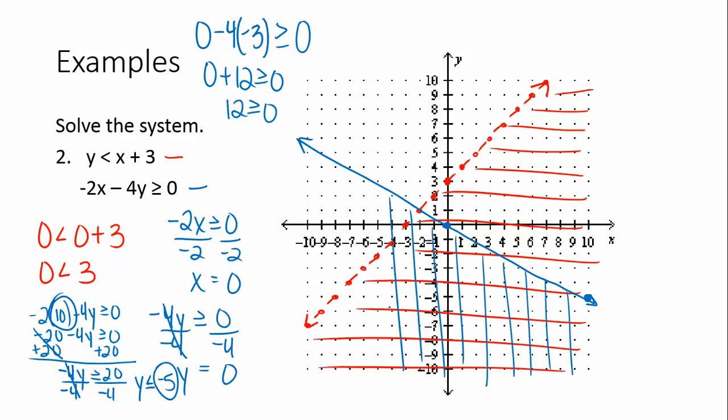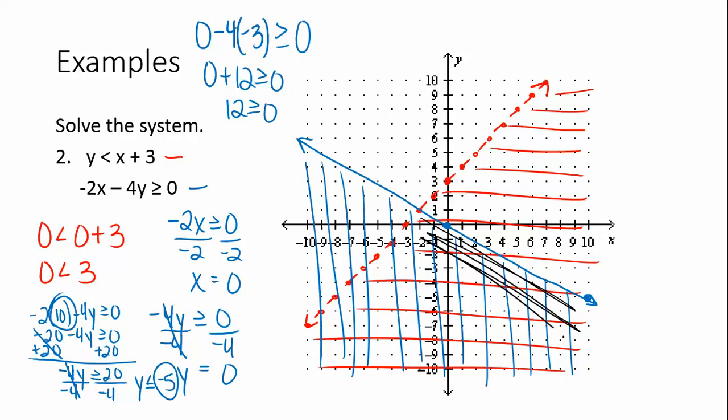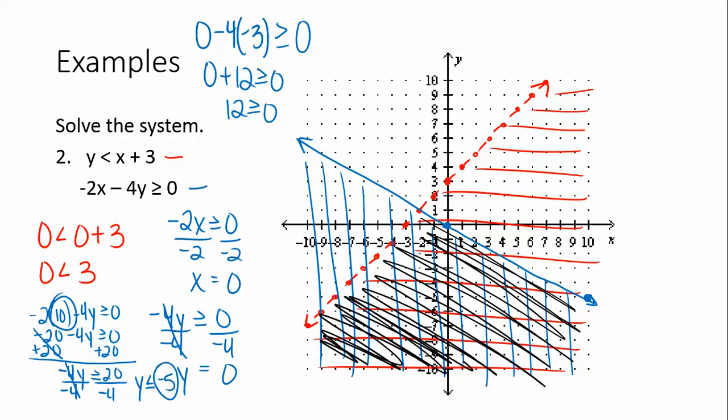Remember, it's everything below the blue line, so you're kind of ignoring that red line. But our answer is where the shading overlaps. So you can see that's here in this section where the red and blue intersect. And it's cut off here on the right and the top by the blue line, but it's cut off on the left by the red line.